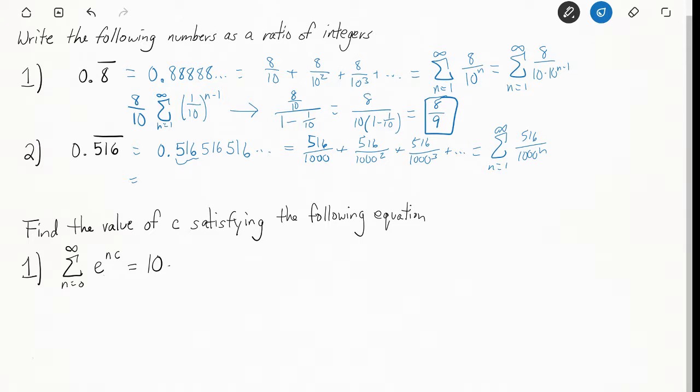And so moving forward from here, where do we go? Well, another way to write it is to pull out the 516 and the 1000. So 516 over 1000 times that summation, n equals 1 to infinity of 1 over 1000 raised to the n minus 1 power.